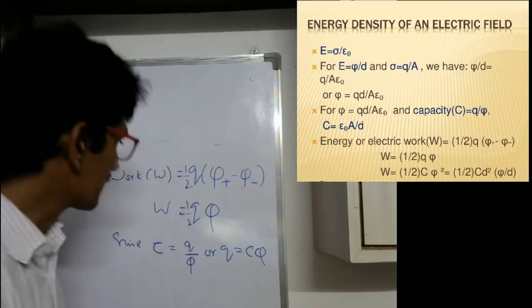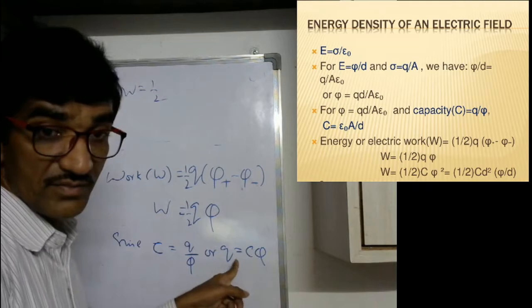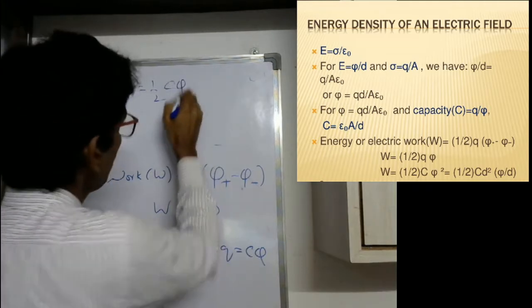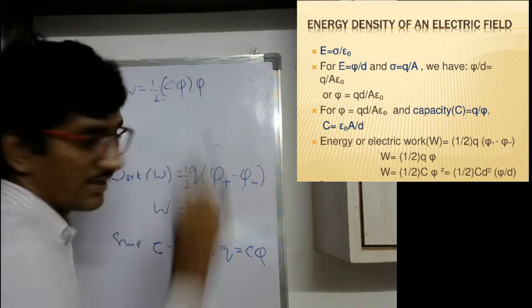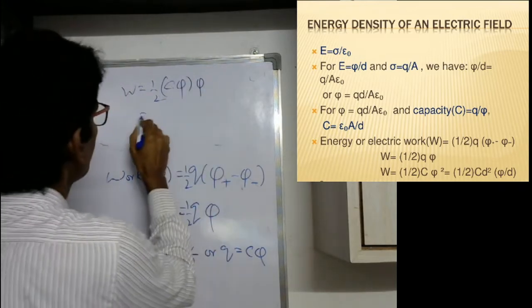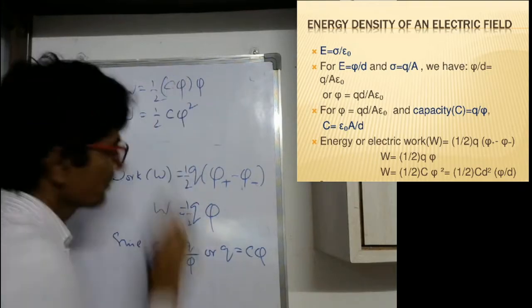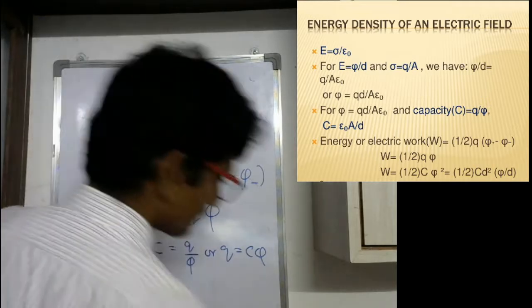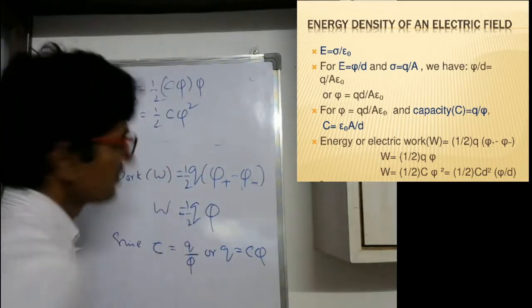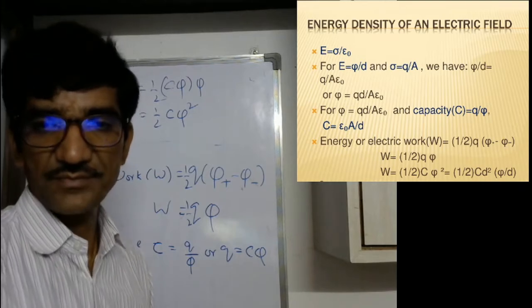W is equal to half of what is Q here from this formula? C phi, into the phi you already have there. So this is equal to half C phi square. So you got W is equal to half C phi square.